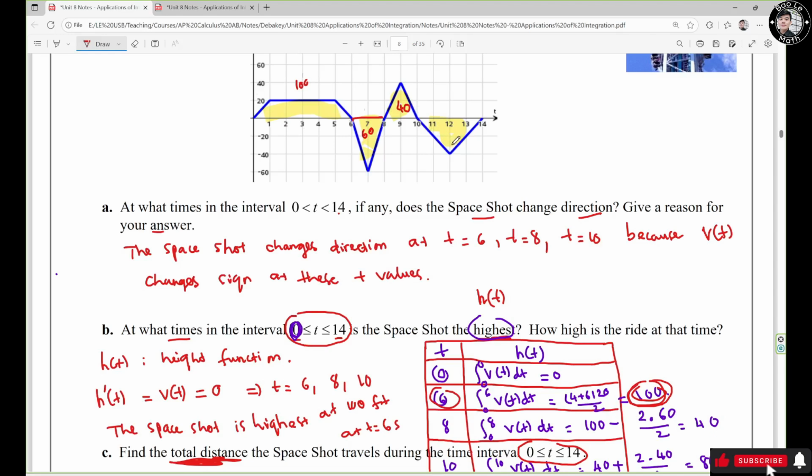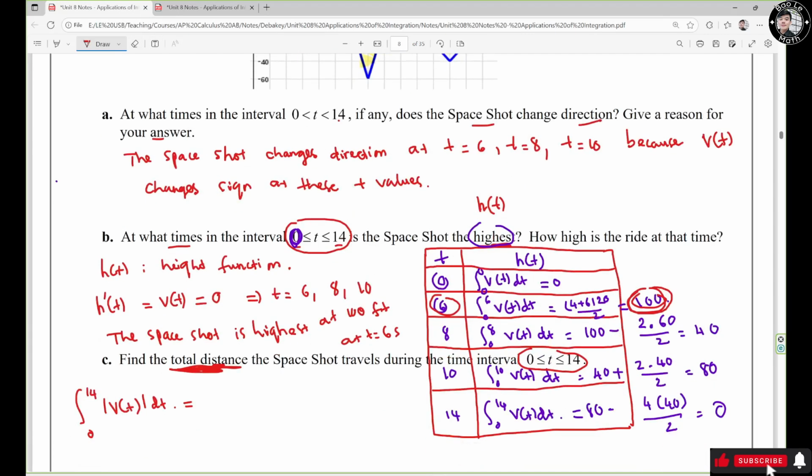The area of this one equals 4 times 40 divided by 2. It's going to be 80, right? Now you need to add this guy up. So you have 100 plus 60 plus 40 plus 80, right? The answer is 280 feet, right? Remember, be careful, the total distance must be positive, right?